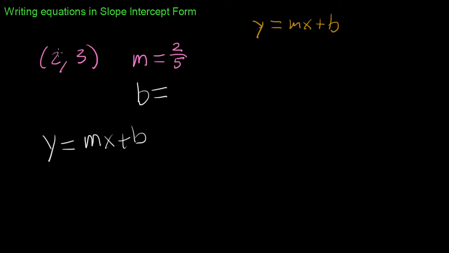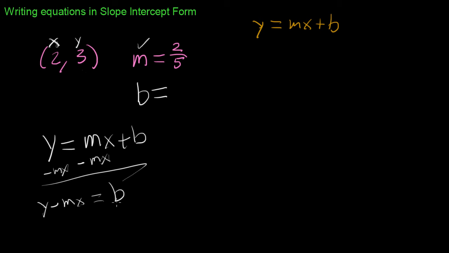So what are we going to plug in? Well, we're going to plug in x and y and m. Actually, let's rearrange this first. Let's subtract mx from both sides. That's going to get me y minus mx equals b. So if we want b, we just need to plug into here.